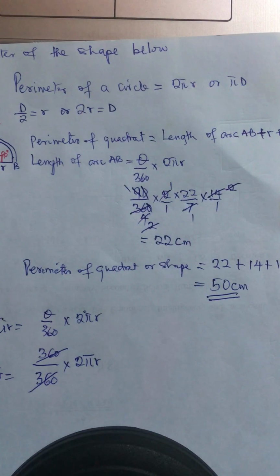Theta could be any of those angles. Your radius should always be given to you. So I hope going through this little video, you should be able to find the difference in finding the perimeter of a sector of a circle and an entire circle. We'll see on Friday and Saturday.